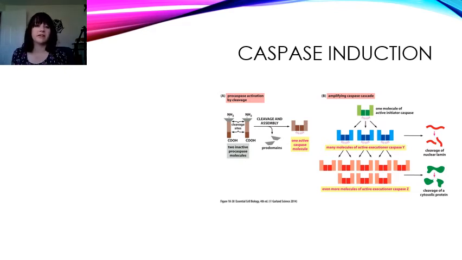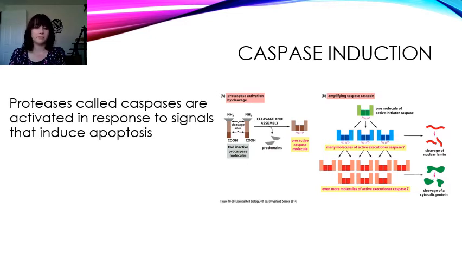Now, what's going on inside the cell? What signaling pathway is telling the cell to undergo apoptosis? The key enzymes for signaling of apoptosis are called caspases. Right. So in this picture on the right, we have two enzymes here in brown called procaspases. So just like a precursor mRNA or precursor protein, these procaspases, they're not yet active.